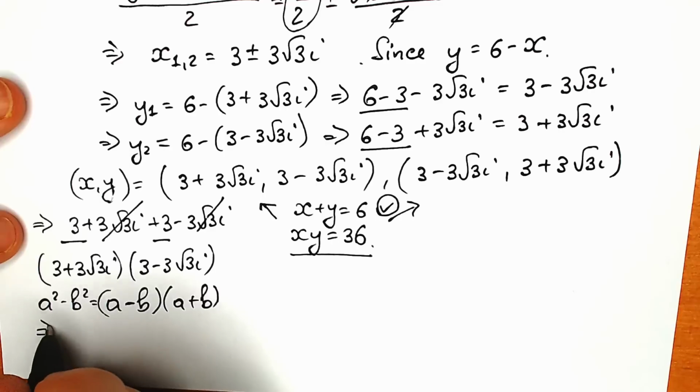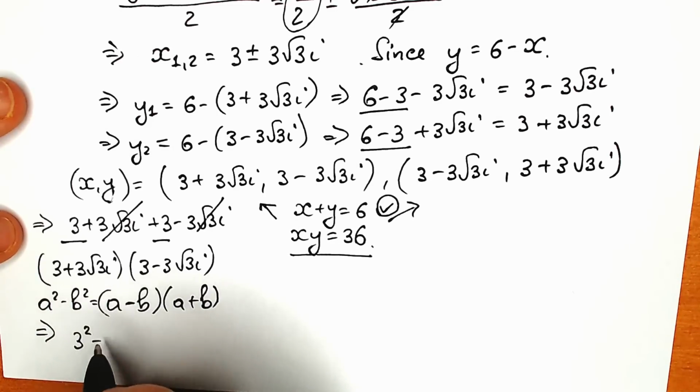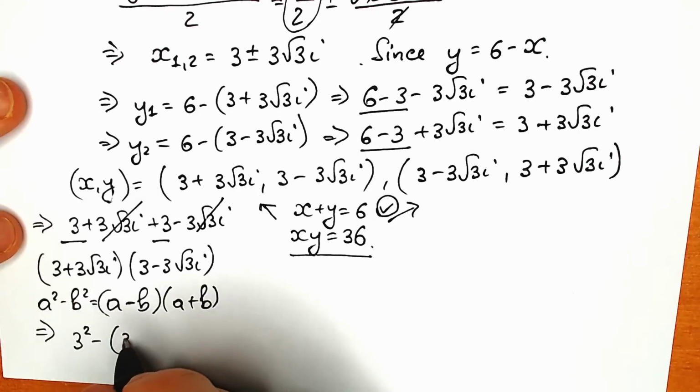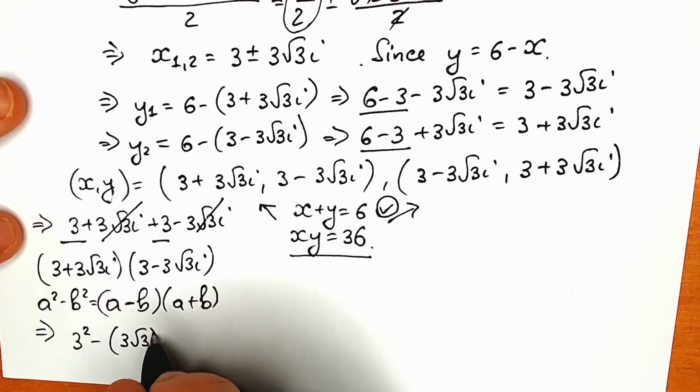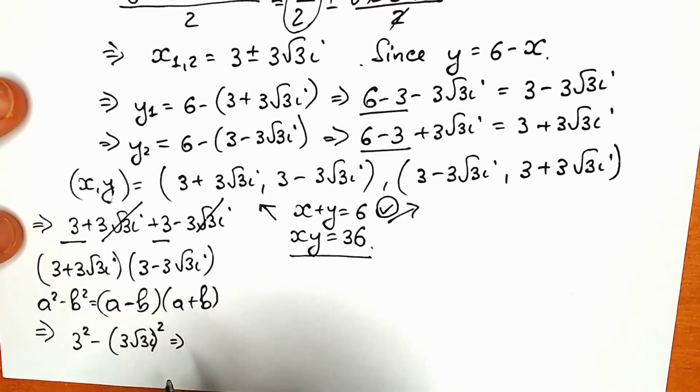As a result, we will have 3 squared minus b squared, where b is 3 square root of 3 times i, and of course squared. As a result, we have 9 minus, when we raise this complicated expression to the power 2, we raise the 3 by 2, the square root of 3 by 2, and i by 2.